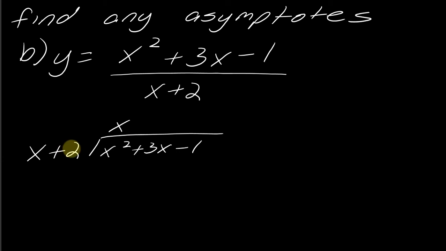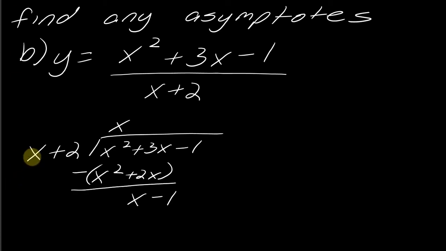Then I multiply x by x plus 2, so this becomes x squared plus 2x. And I subtract all that off, so if I subtract off that result, I'm left with x minus 1. And then what do I multiply x by to get to x? That would just be plus 1. Now if I subtract that off, minus the x plus 2, you'll notice in this case that I get -3.